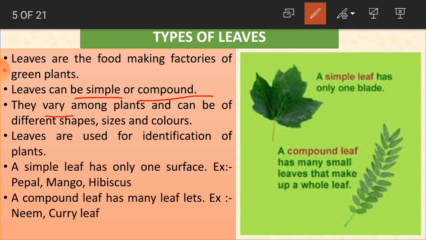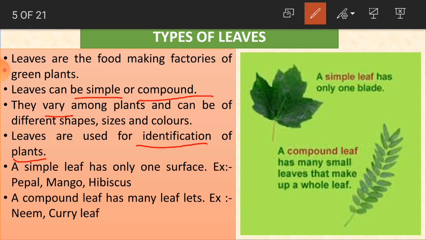Leaves are used for identification of plants. So yesterday we were talking about coriander leaf, curry leaves, mint leaves. How can we identify that this is coriander, this is mint, this is curry leaf? By seeing the leaf.